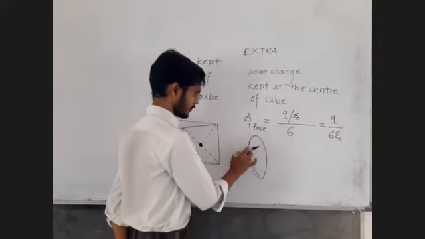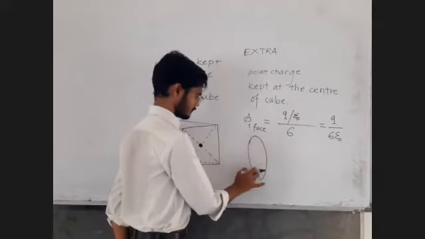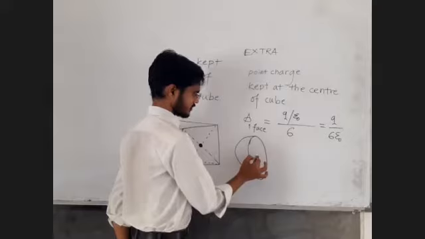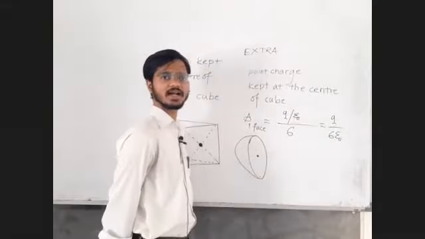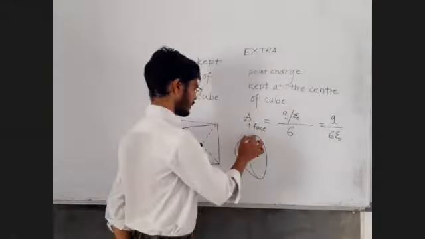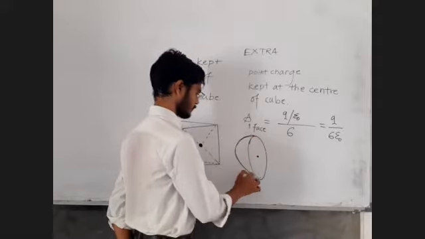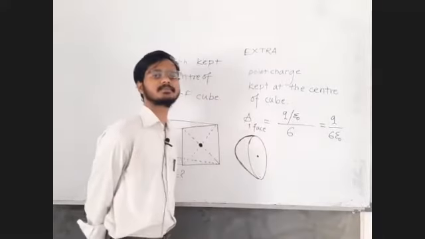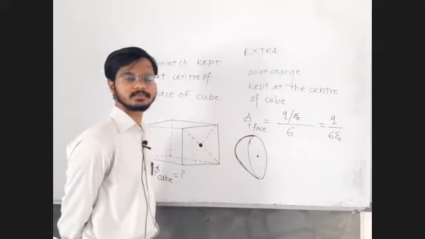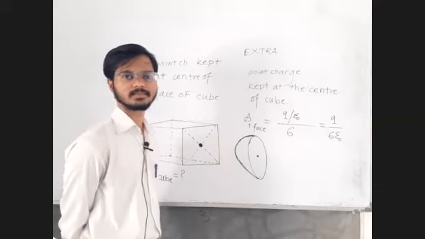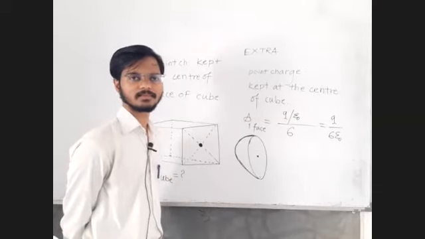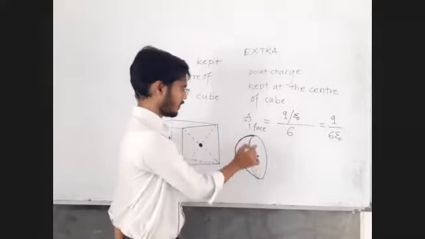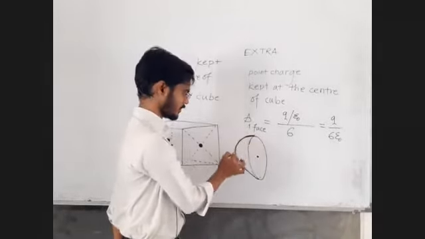This is our hemisphere, placed like this, and the charge is here. Charge is placed at the center of the circular face. How many flux are cutting this hemispherical surface?